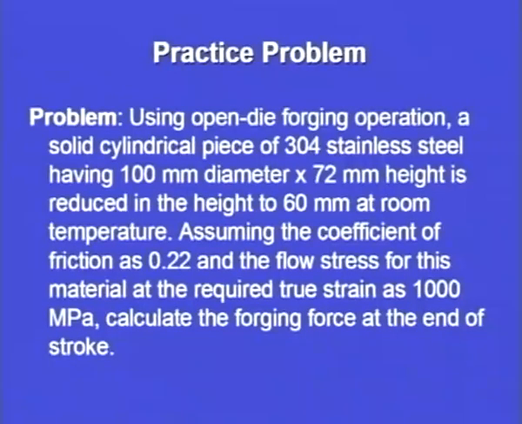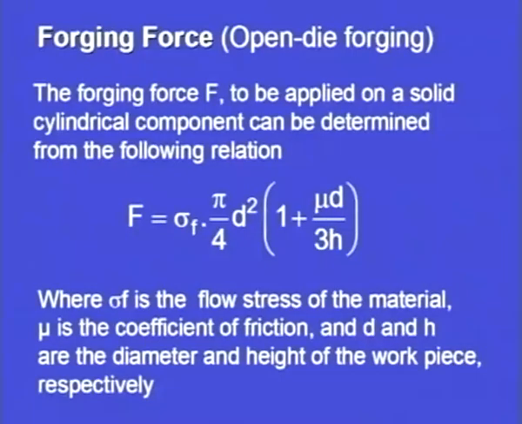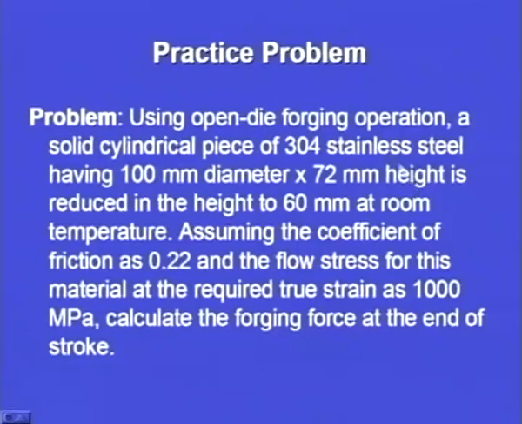So, all the parameters that are required to calculate the forging force have been given in this practice problem. As we can see in this equation, sigma F is given, that is the flow stress of the material, diameter is given, coefficient of friction is also given, height is also given. So, we can use the data given in this practice problem and calculate the forging force at the end of the stroke.